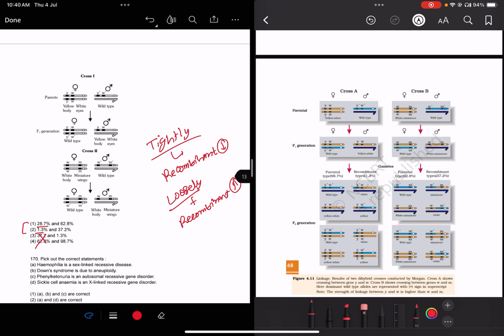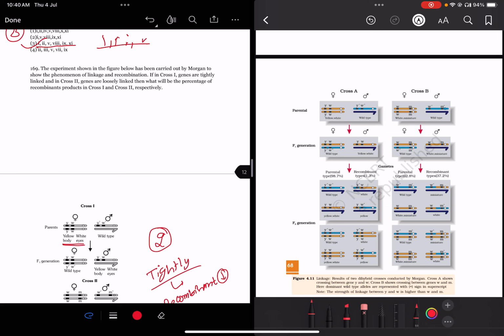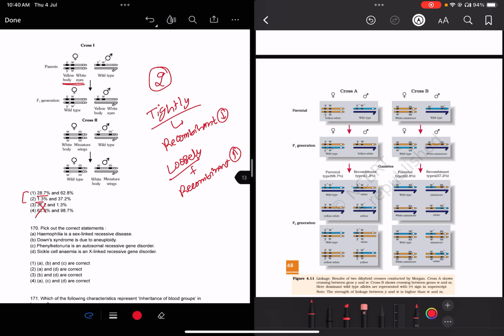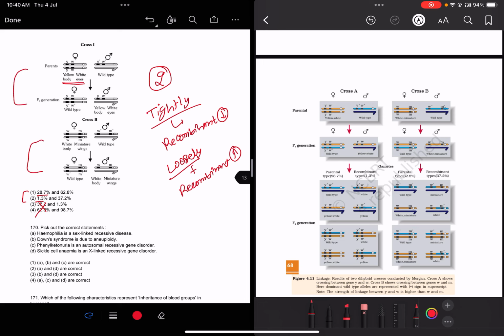Now read this. This one yellow and white, only two characters given. Now read: progeny type F1 or F2. Genes are tightly and loosely linked, recombinant cross respectively. Here cross 1 and cross 2 only. This one cross 1, this one cross 2. Here asking about the F1 generation only.